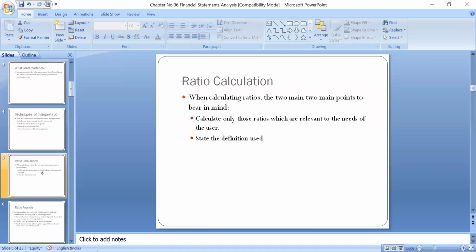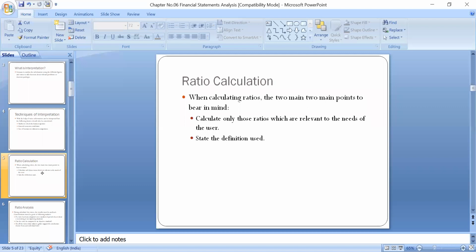When calculating the ratios, bear in mind two main points: calculate only those ratios which are relevant to the needs of the users, and state the definition of each ratio. Whenever we calculate the ratios, first we must know the meaning and purpose of the ratio, and we should calculate only those ratios which are relevant to the users.